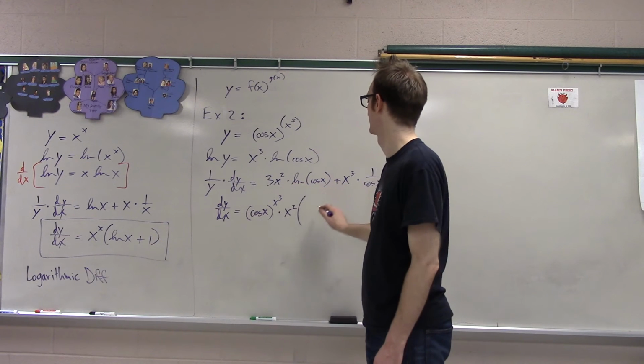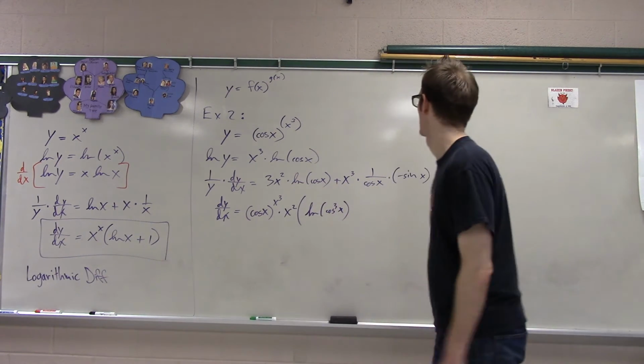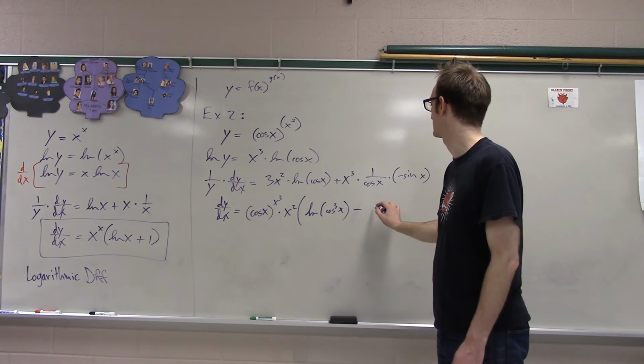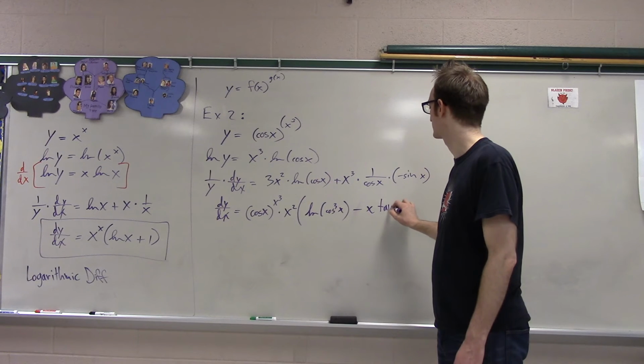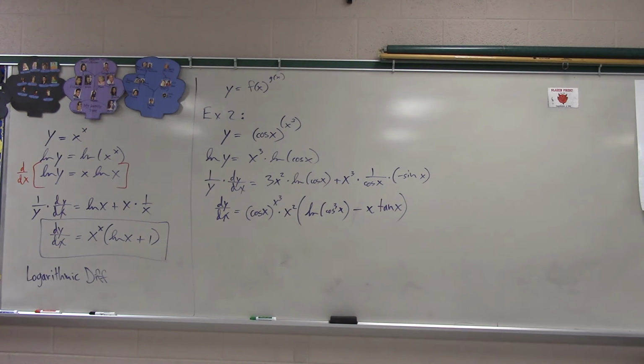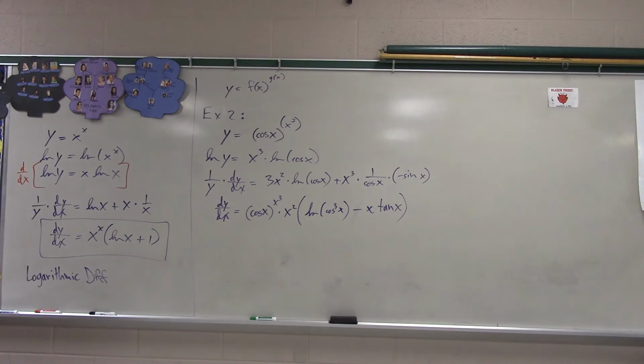Cool people do that. So this is ln cosine cubed x plus or minus x tan x. Is that right? I think so. Okay, awesome. So we now can differentiate all functions of that form.